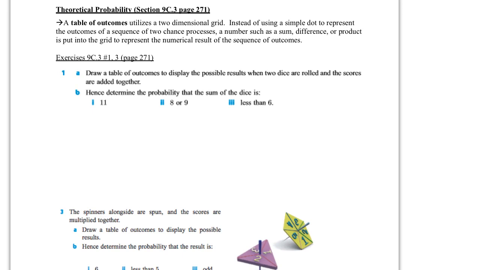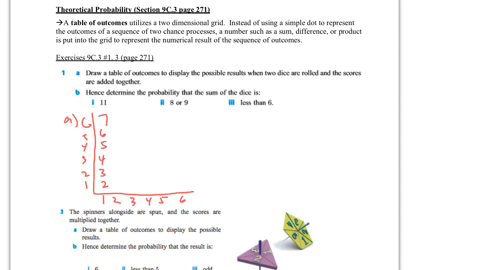Finally, table of outcomes. That's basically using a two-dimensional grid where instead of dots, we've got a table of outcomes that shows the results of what could happen in the chance process described. So if we roll 2 dice and we add scores together here in problem 1A, and it's asking me for a grid with outcomes, you can see here I have to add my rolls together.